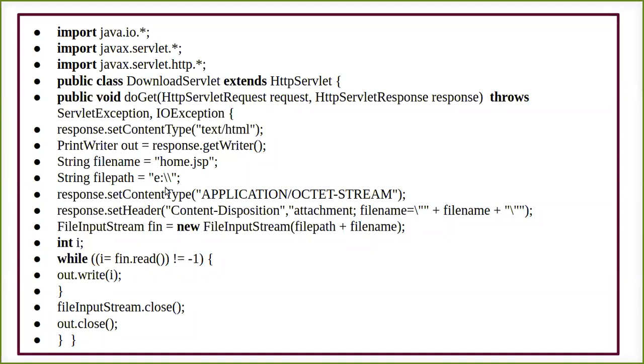So I have given a variable called fileName, which has home.jsp, and then I have defined a file path that is located in your E drive. Why we have done this, we will come to know.